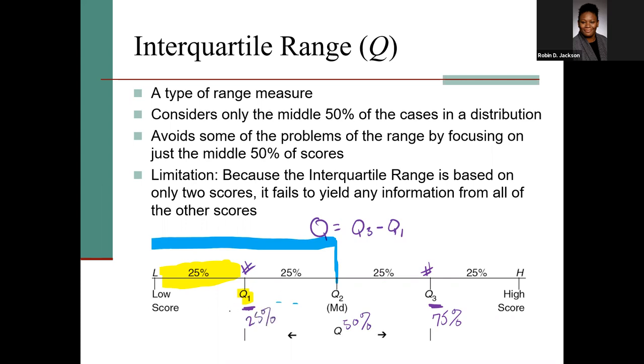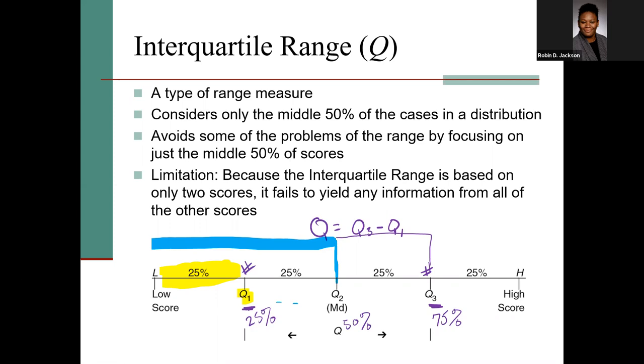Do you see how we have 25%, then 50%, and now 75%? Again, don't look at the graph and think that this is referring to the 4 sections that you see. The quartiles look at the point at which a certain percentage of cases fall below whatever that number is, okay?